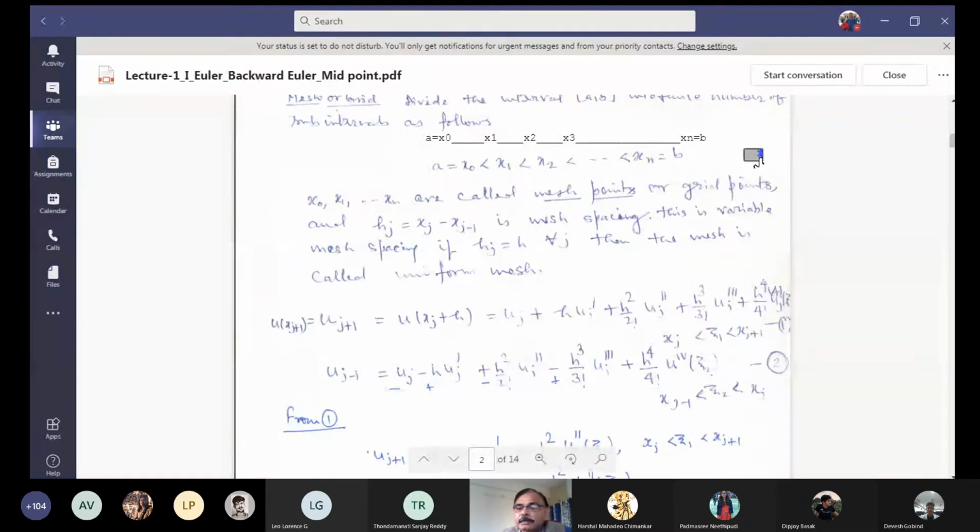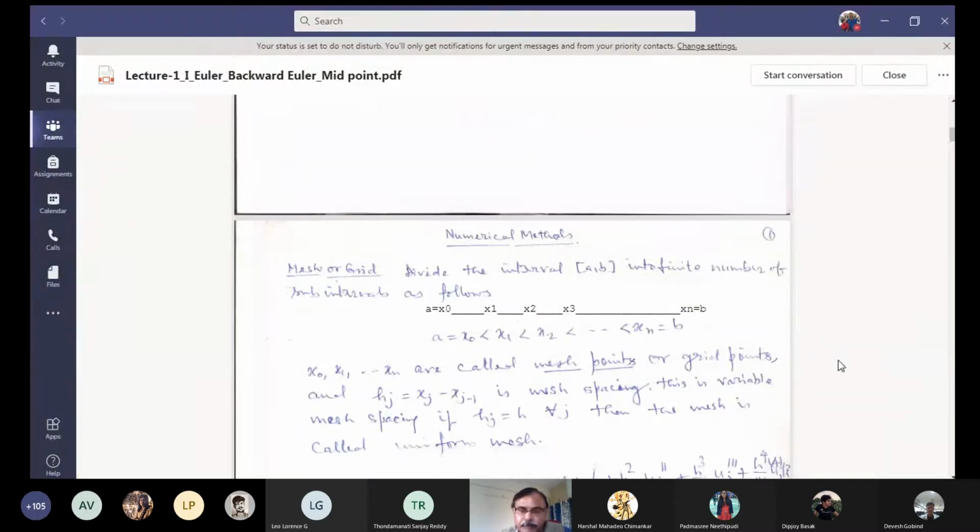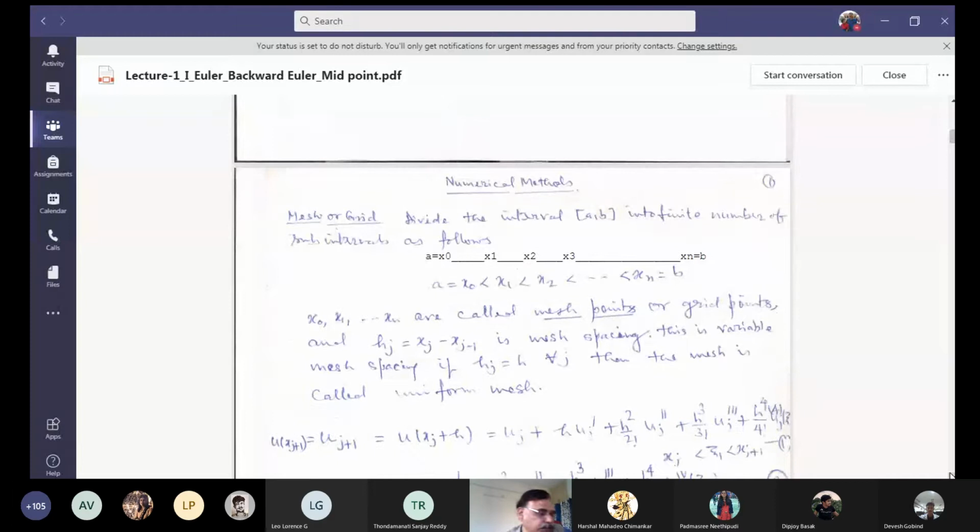So basically, I will start from the beginning itself in one sense, but briefly, I cannot do all the things. As discussed on the last turn, why do we study numerical analysis?